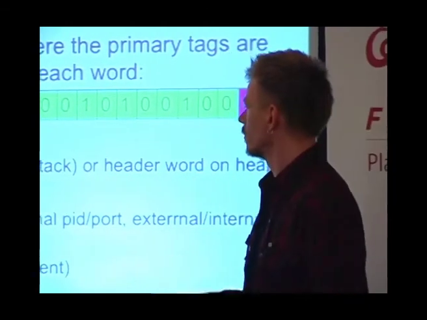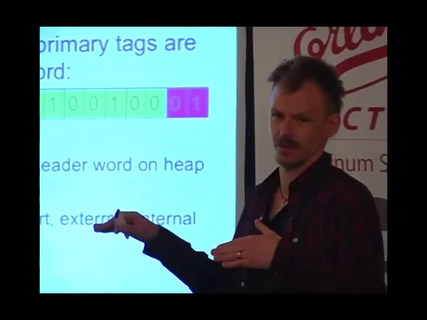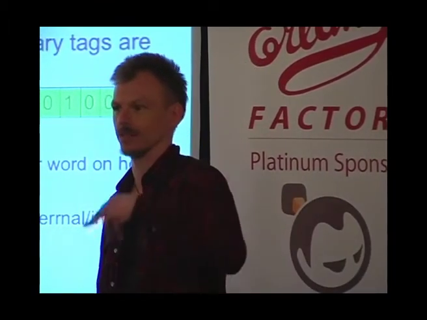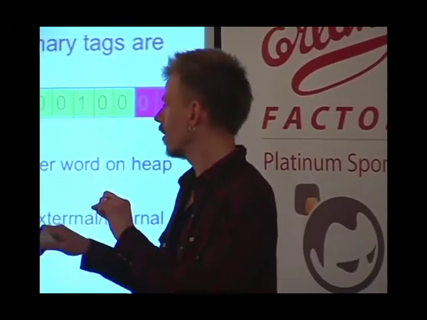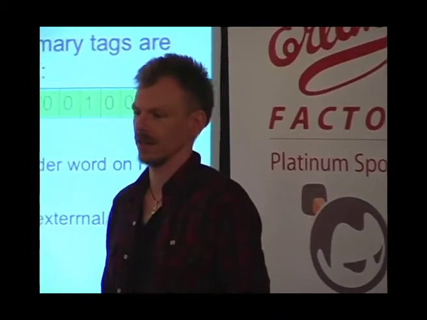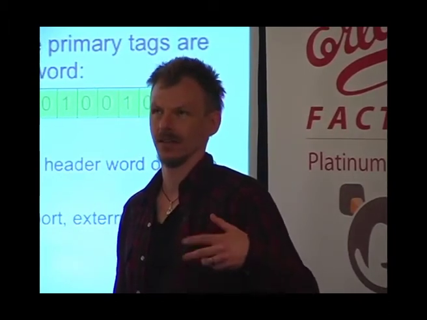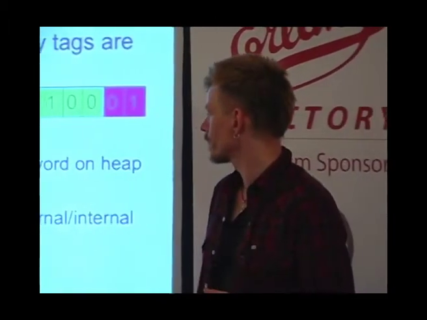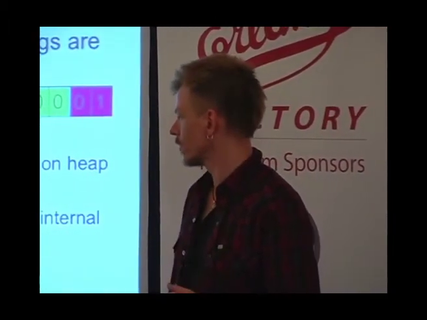So on the stack, you might find all these types of things. Either it's a cons or a tuple or something, a pointer with a tag on it, or it can be immediates, like local PIDs are immediates, small numbers are immediates, and so on. Atoms are, of course, immediates.